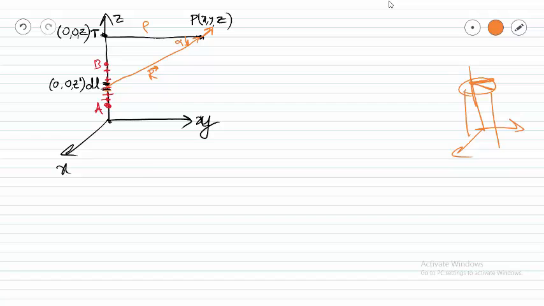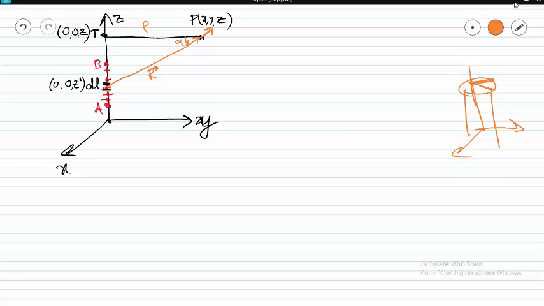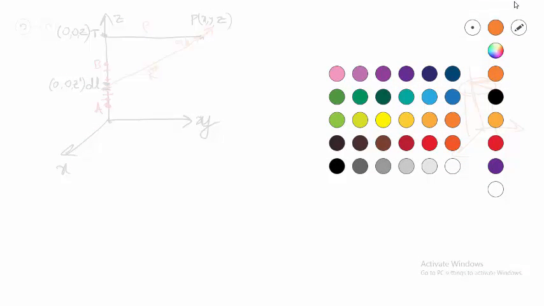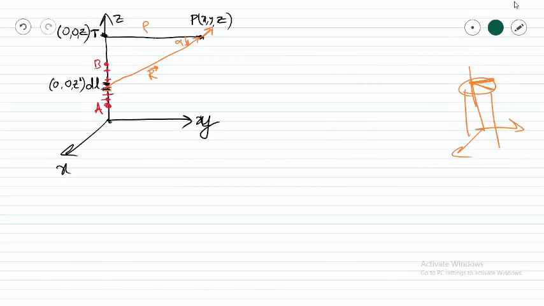Now alpha is the angle between the vector r bar and this line PT. Next, we will draw lines from these points also. Let us draw a line from point B to point P and call this angle alpha 2.